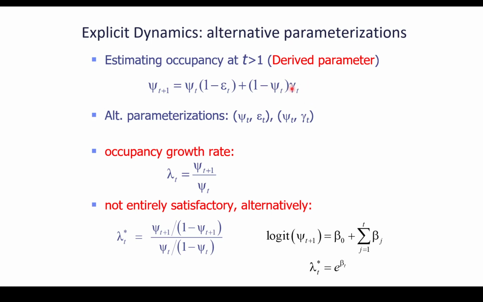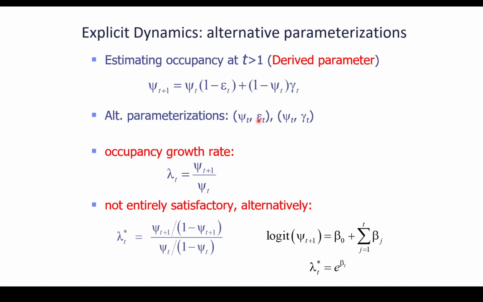Now, there are other parameterizations that can be used. You could parameterize this whole thing just in terms of psi at each time step and epsilon, but no gamma. You could use psi at each time step, but no epsilon, but just gamma. This is analogous to the Pradel models, where you may recall there were Pradel models that had lambda and either recruitment or lambda and survival in the likelihood.